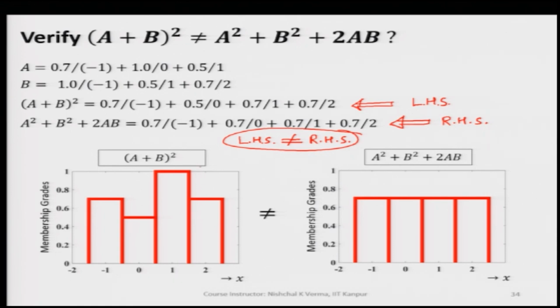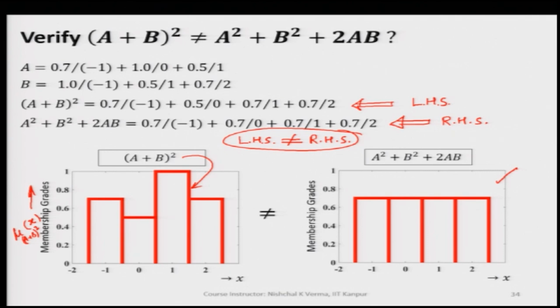So, here we have plotted the resultant fuzzy set, which is LHS, which is (A plus B) whole square, which is coming like this. Here the x axis is the generic variable and the y axis is the membership values or grades, and this is nothing but (A plus B) whole square. We can clearly see that the LHS and RHS are not equal.